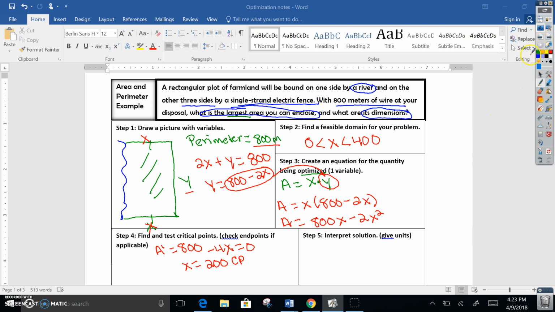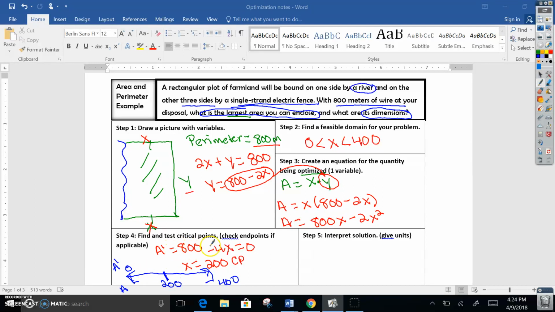Using the first derivative test, let me switch colors so you can see the difference here. I'm going to draw my chart. My chart starts at 0 and it should go to 400. That's my only choice. And my CP right here is going to be 200. Then I want to check the sign. So let's say I pick 1.